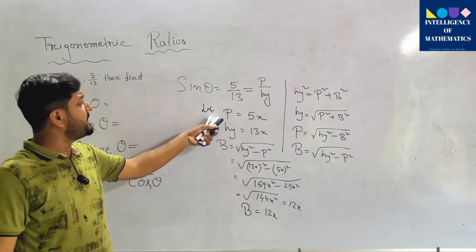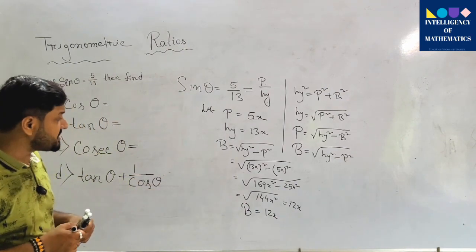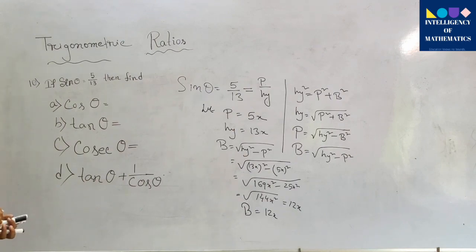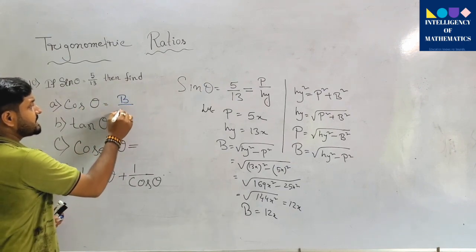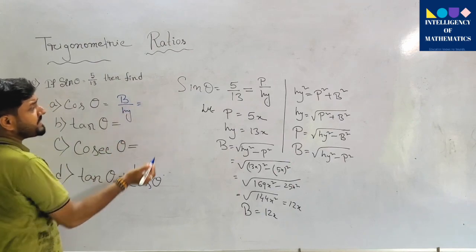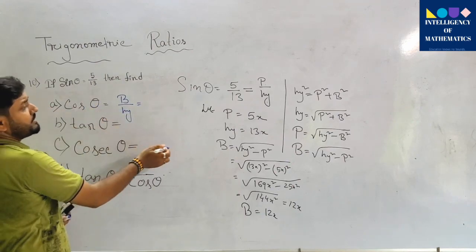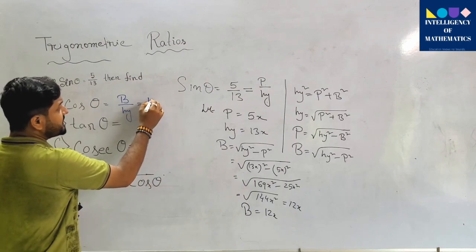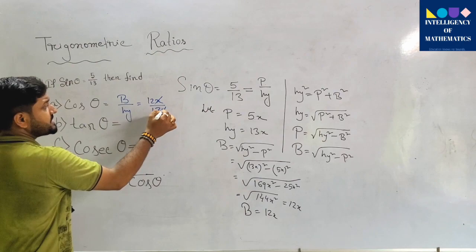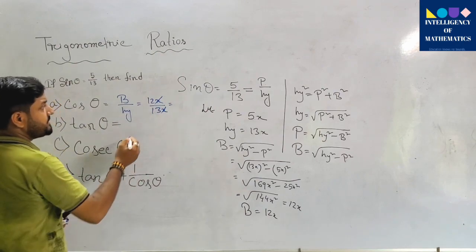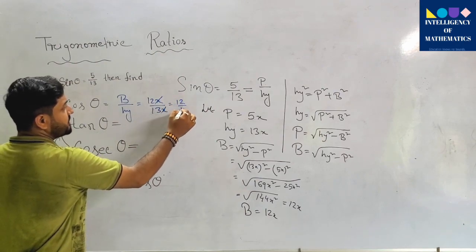Now we have the perpendicular, base and hypotenuse, all three, so we can find the required values. Firstly, cos theta. Cos theta means base by hypotenuse. The base is 12x and the hypotenuse is 13x. Cancel the x and we get 12 by 13.